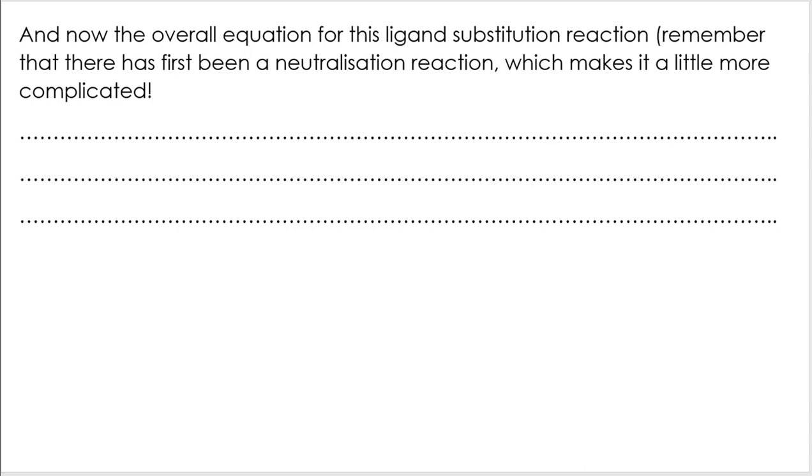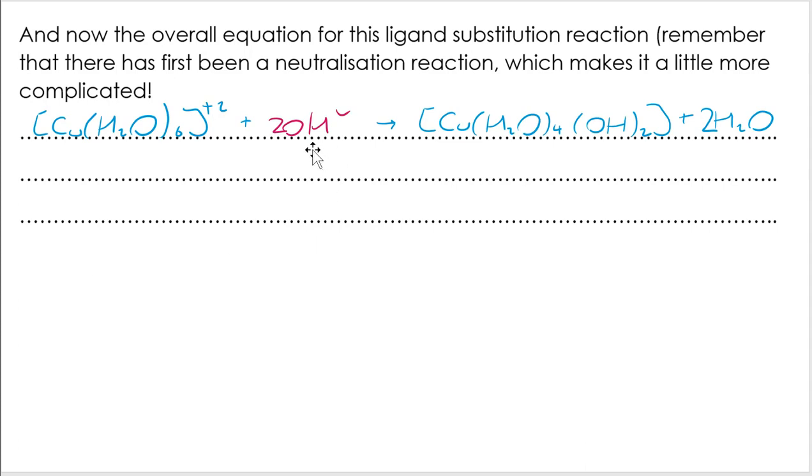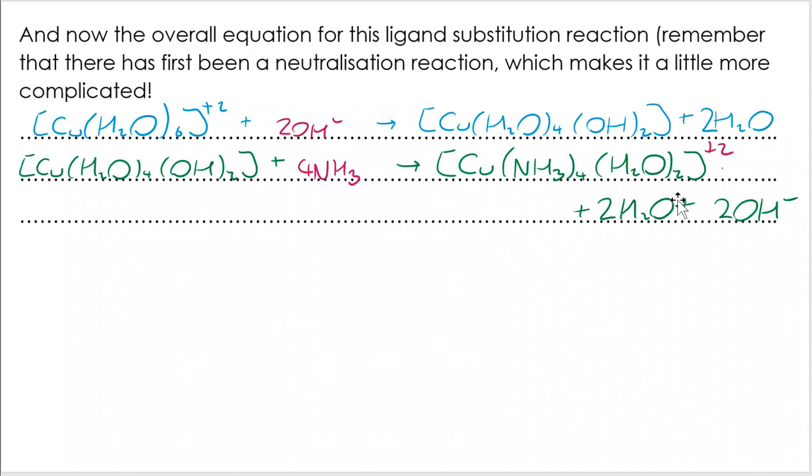Well, for copper, if I added a little bit of ammonia, I would be doing that as OH-. It would take me to this reaction. But I could then add more ammonia, an excess of ammonia, and that would substitute 2 of the H2Os and 2 of the OHs, giving me 2 H2O and 2 OH-.